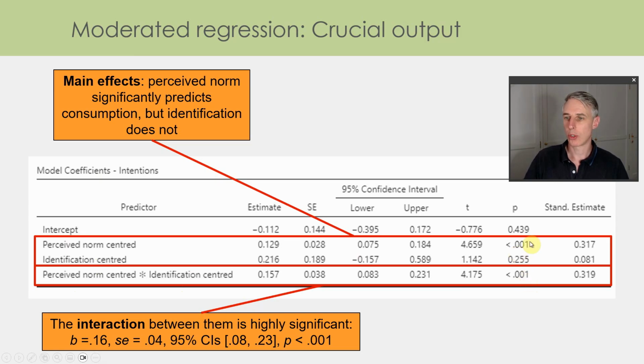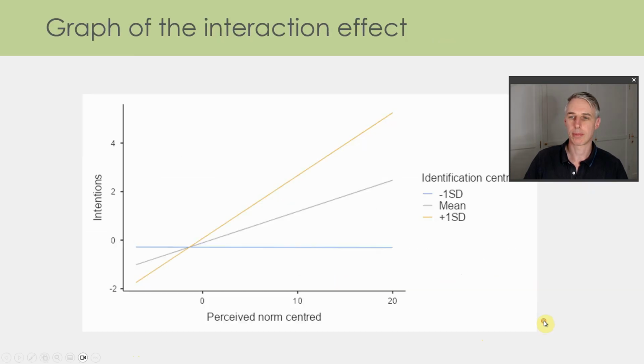Okay, in other words, in order to make sense of the association between norm and intentions, we can't just look at the main effect. We also have to look at the interaction, and what it suggests to be the dependency of the norm effect on identification. Okay, and that's an APA version of how to write up that interaction effect.